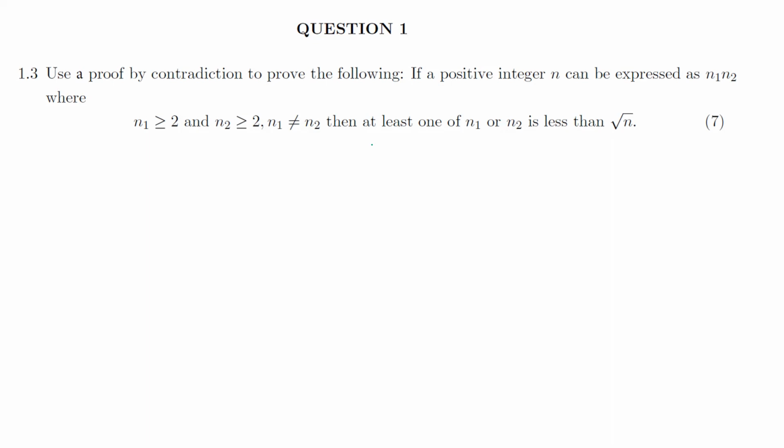Right, we note that the proof by contradiction is also called a proof by assumption. Some people call it a proof by assumption.